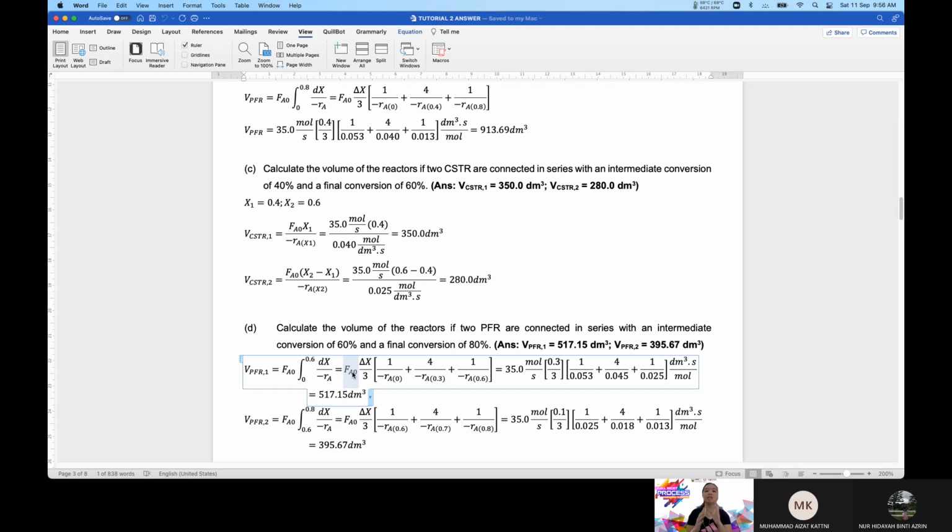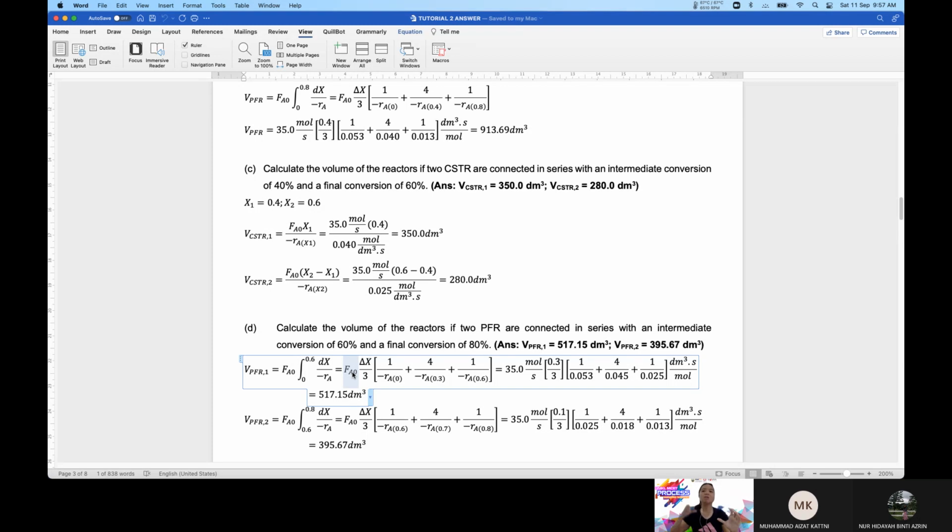Yang 3 point ni yang saya selalu kena emphasize kepada student sebab 3 point ni pemilihan dia betul-betul bergantung kepada soalan. Bukan tak ada fixed rule, dia bergantung kepada apa conversion yang kamu sedang consider. Okay, dalam kes ni, I'm considering from 0 to 0.6. So, first point, 1 per minus RA at 0. I always go to the third point 1 per minus RA at 0.6.